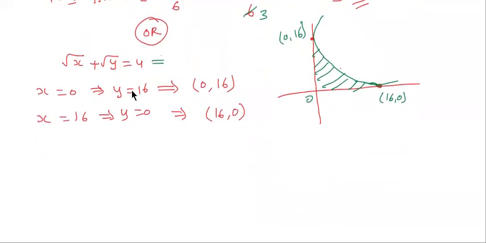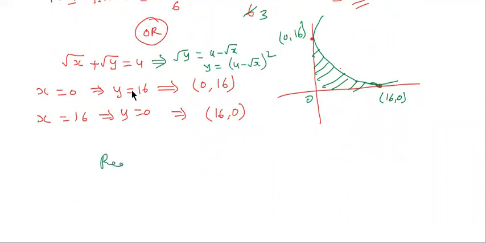Now here observe, what is y? Root y is equal to 4 minus root x. Then y is equal to 4 minus root x whole square.